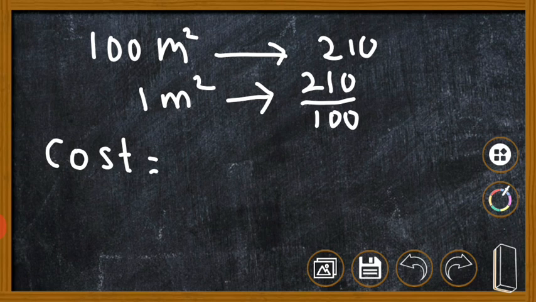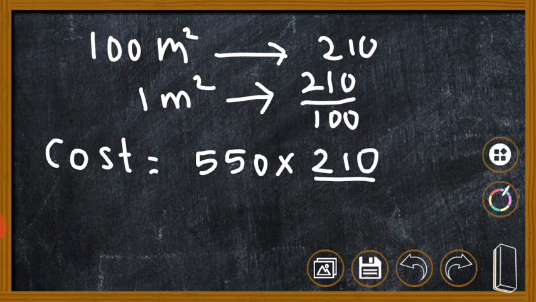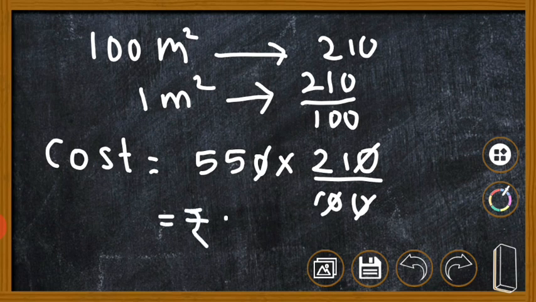So what will be the cost? 550 into the amount for 1 meter square, 210 by 100. 0 cancel. So what is the final answer? 55 into 21. You will get rupees 1155.